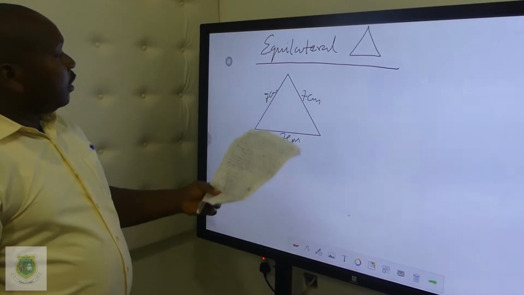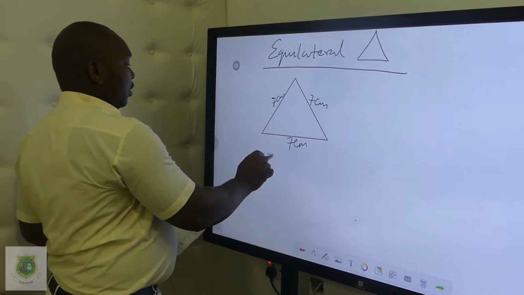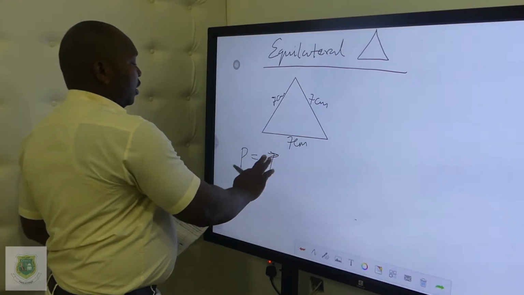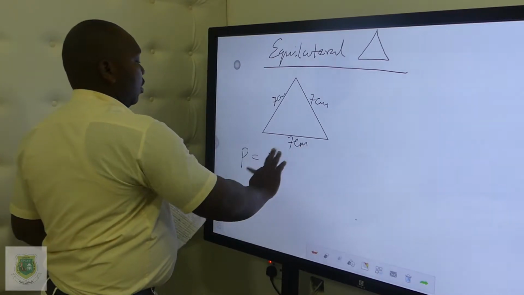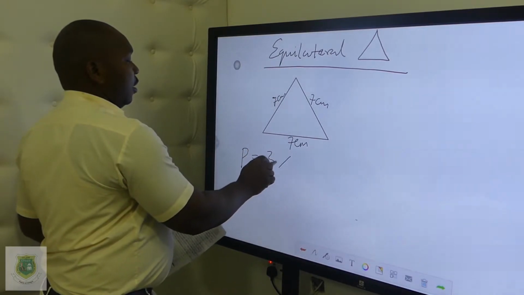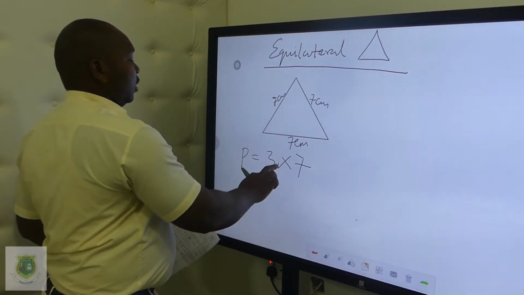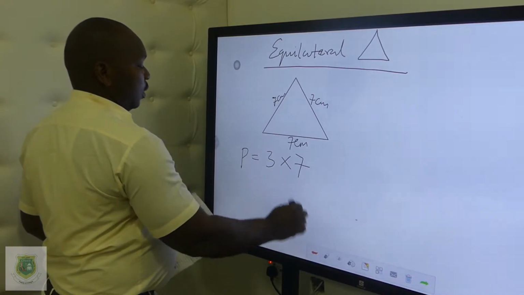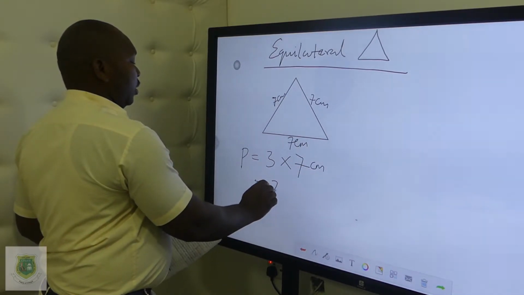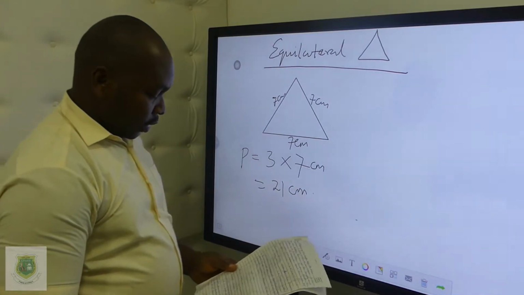To calculate the perimeter of this equilateral triangle, we just say perimeter equals, because the three sides are equal, 3 times 7, which will now give us 21 centimeters.